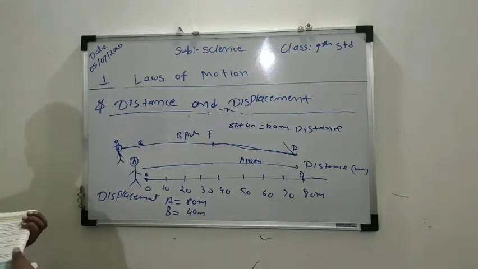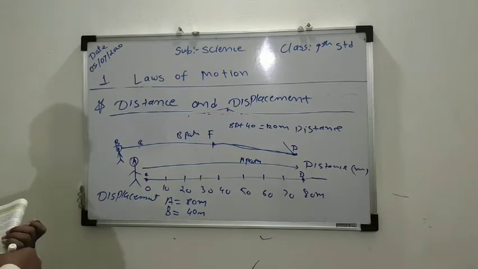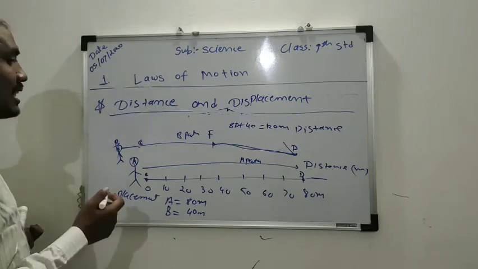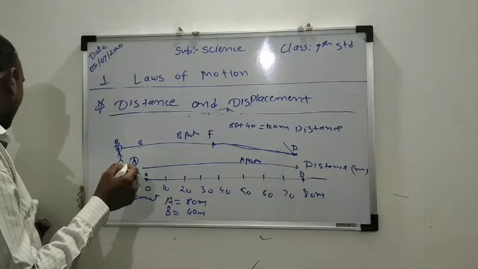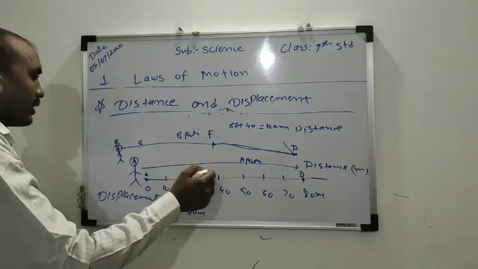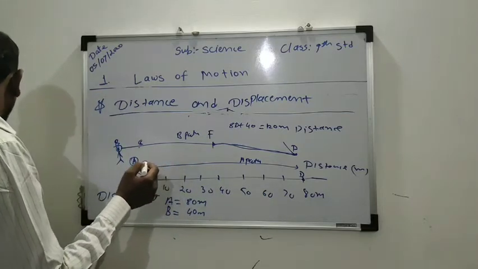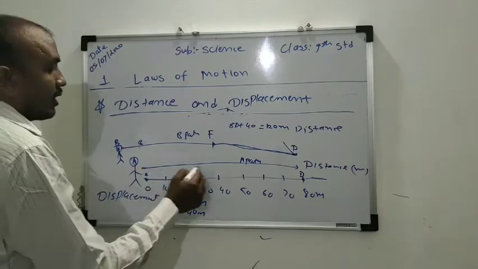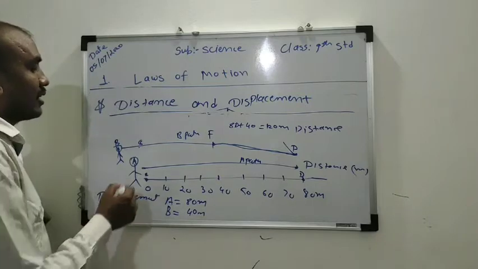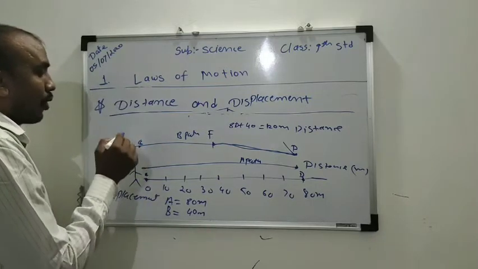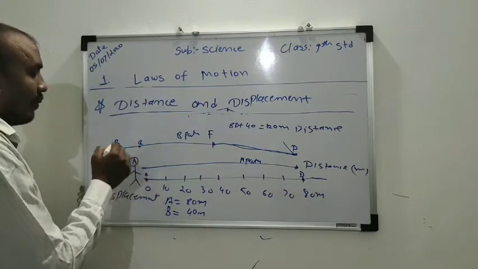So distance is the length of the actual path traveled by an object in motion while going from one point to another. Distance means the actual path or actual length traveled by an object while going from one point to another point. It's a distance.